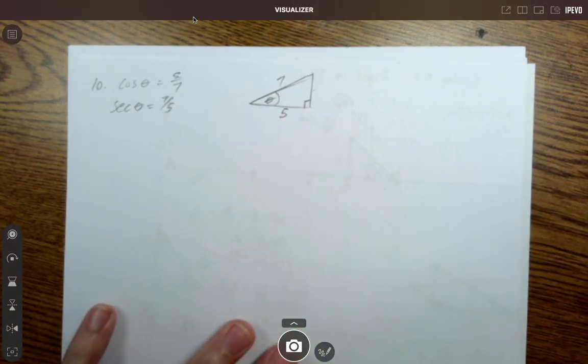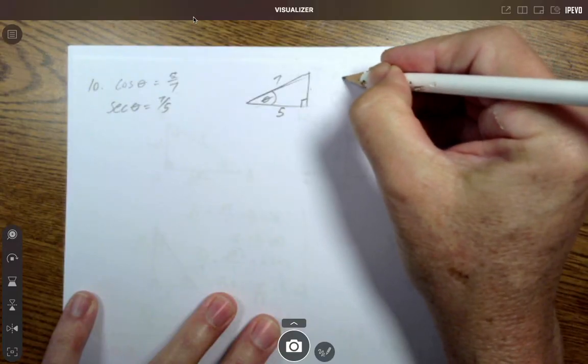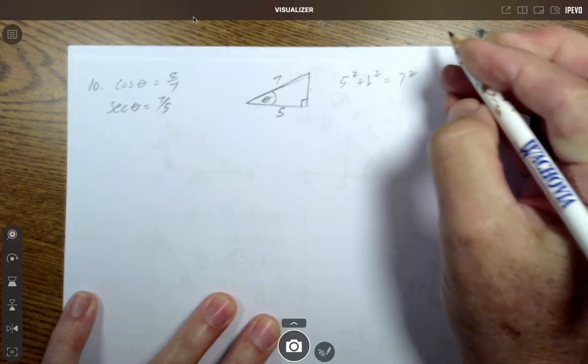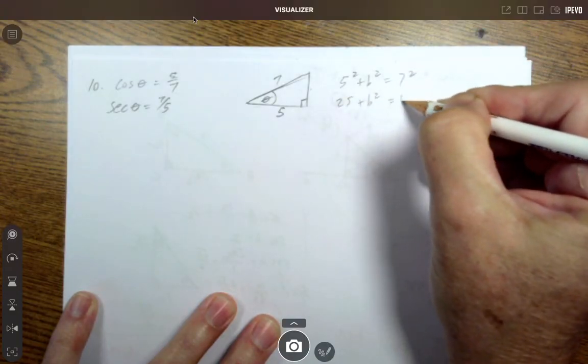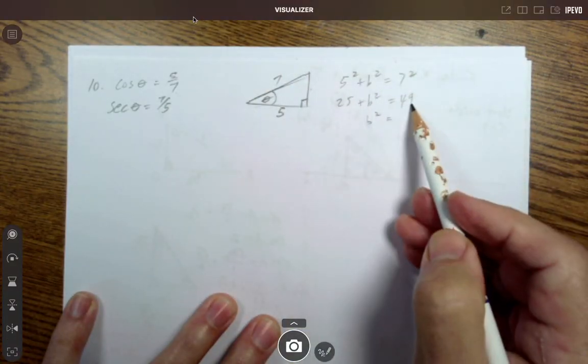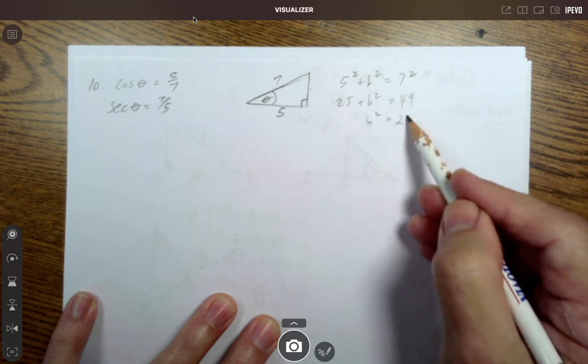All right, so now using Pythagorean's theorem, I get what? 5 squared plus b squared is 7 squared. So 25 plus b squared is 49. And I'm going to take away 49 minus 25, which is 24.